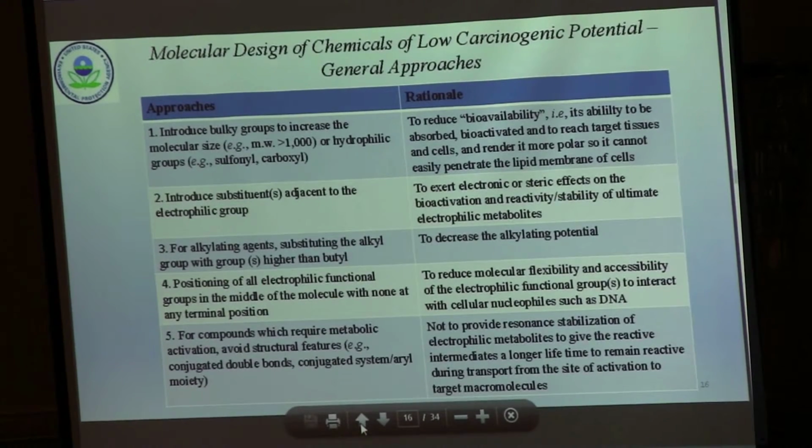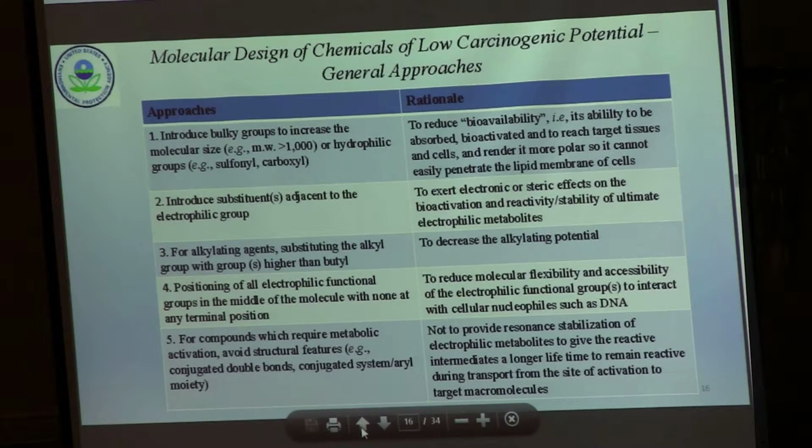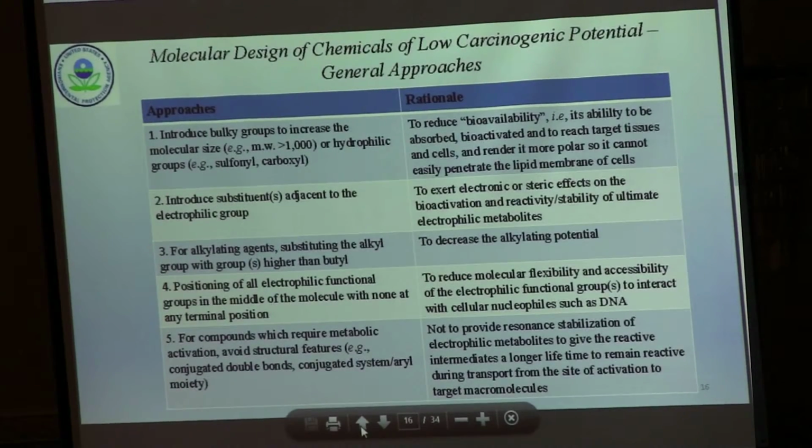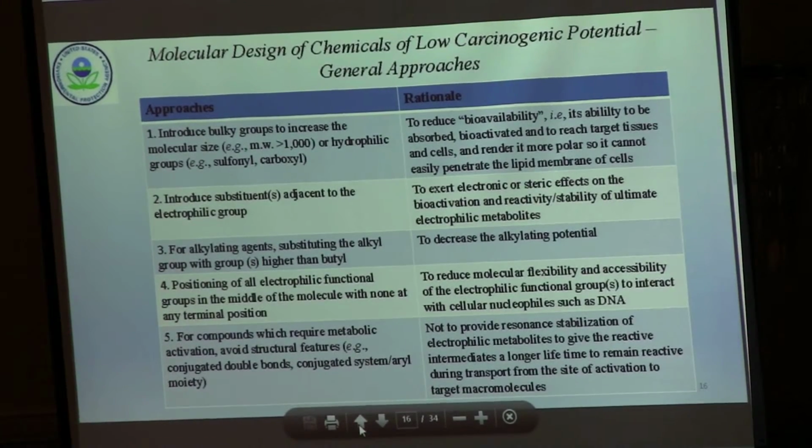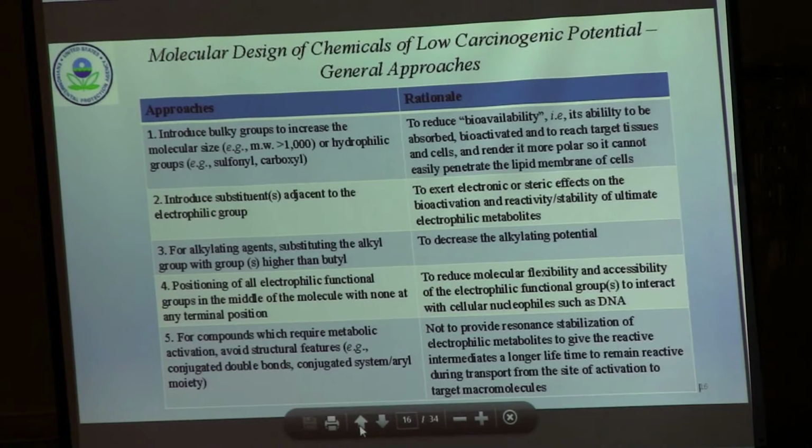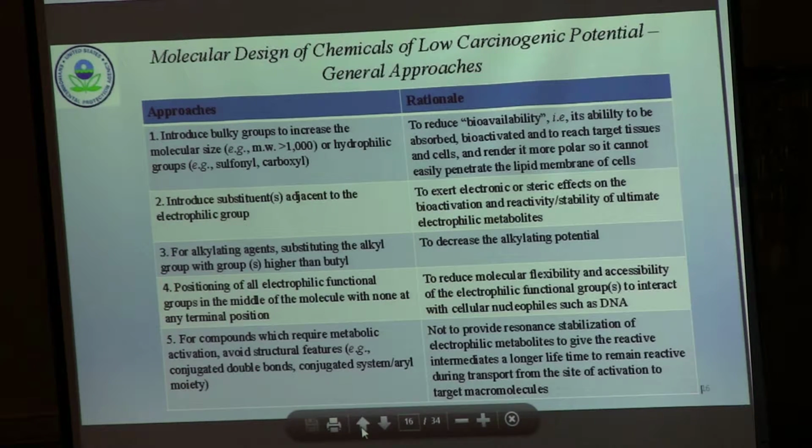Or you can introduce a substituent adjacent to the electrophilic group to exert an electronic or steric effect on the bioactivation of the compound. And for an alkylating agent, you can use a group higher than a methyl, like a 4-carbon butyl group. The smaller the alkyl group, the higher the alkylating activity.